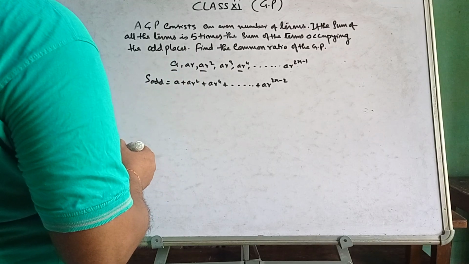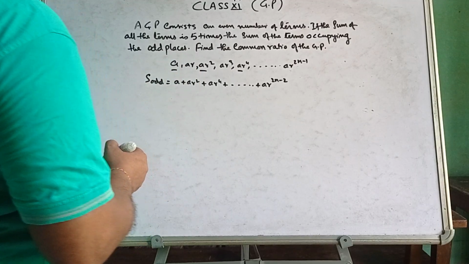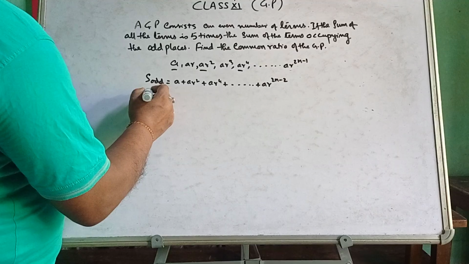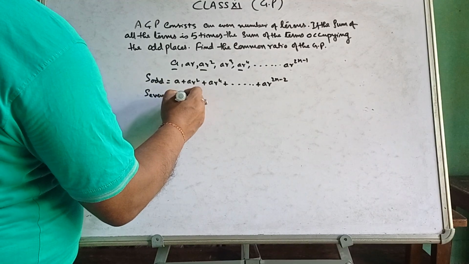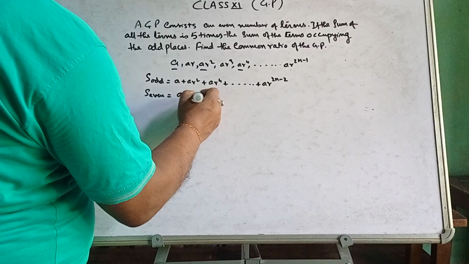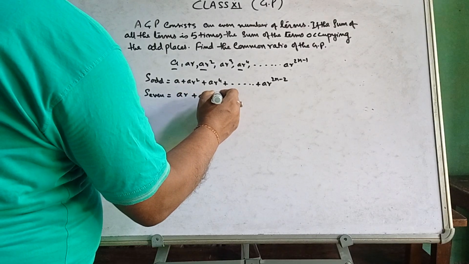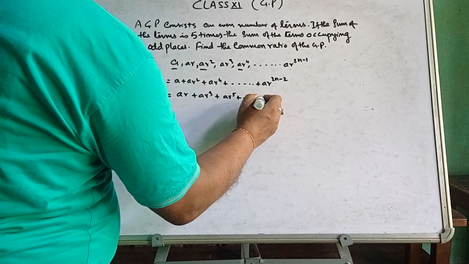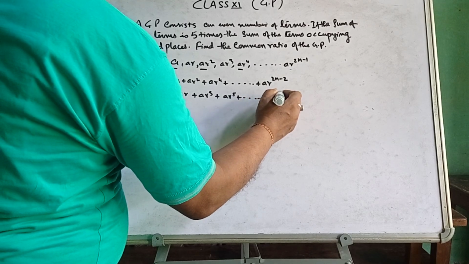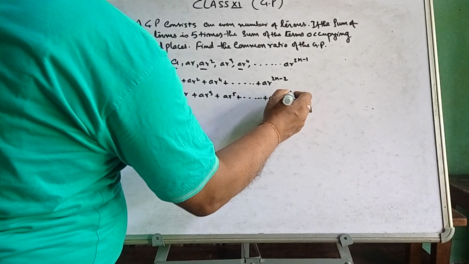And the sum of the even places, S even, that will be ar plus ar cube plus ar5 plus up to ar to the power of 2n minus 1.